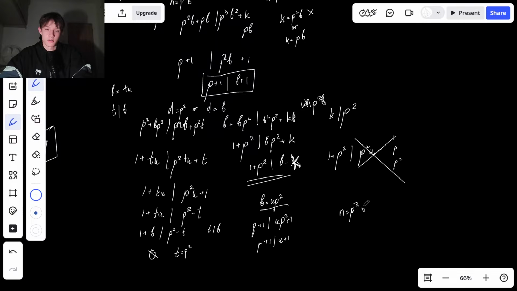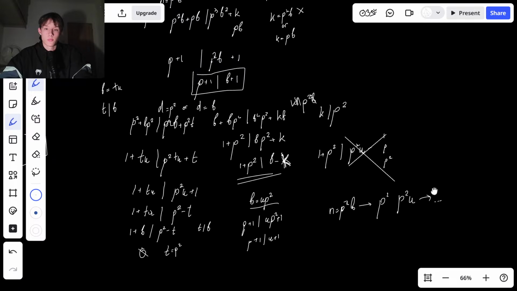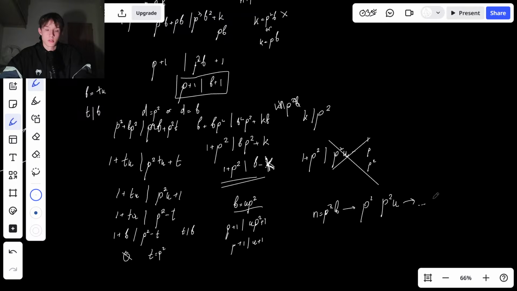Then from there, we went to p squared and p squared u, right? And from there, we go on until there's no p squared left, which would give us essentially powers of p to an even degree, right? That's the whole thing.